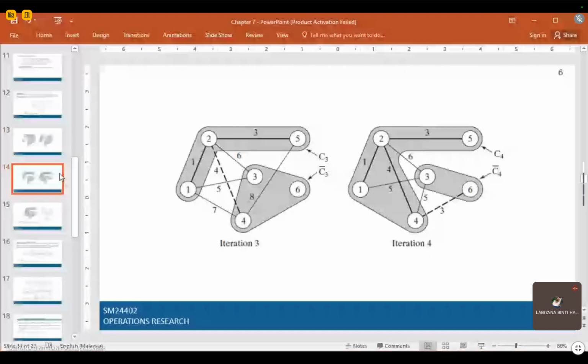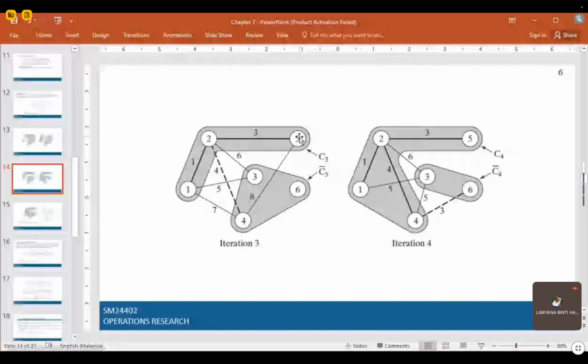So here we already have 1, 2, and 5 connected. Now we have C3 bar as 3, 4, and 6, so we only have 3 nodes left. From here, our last point is 5.